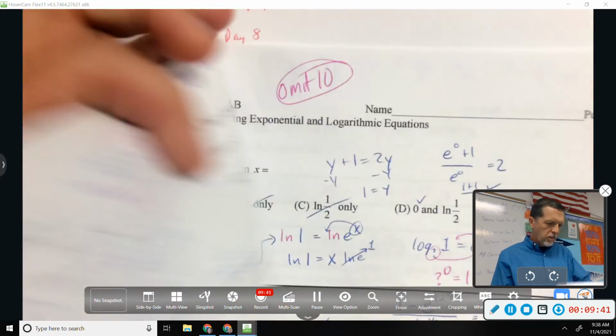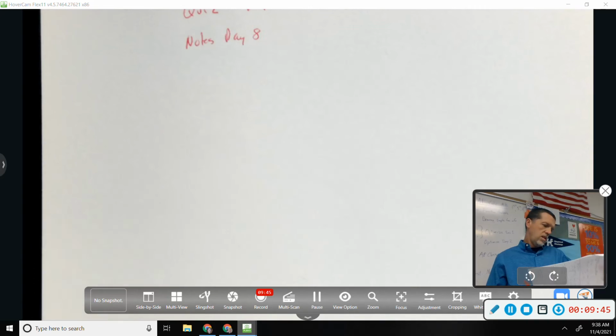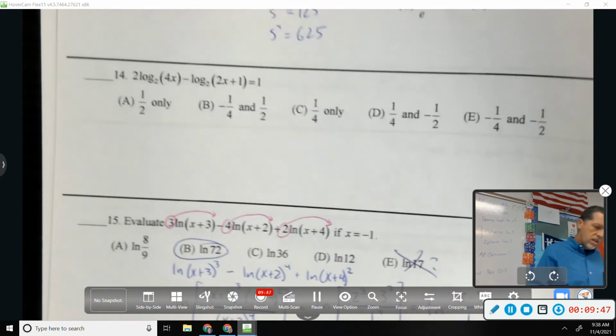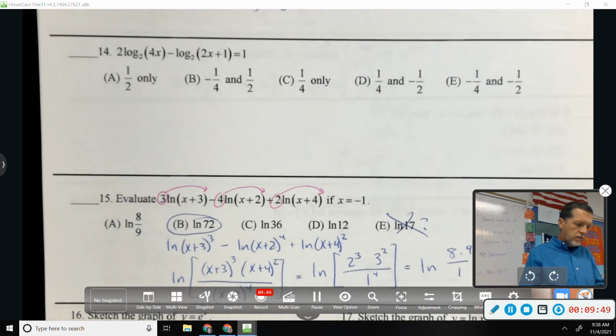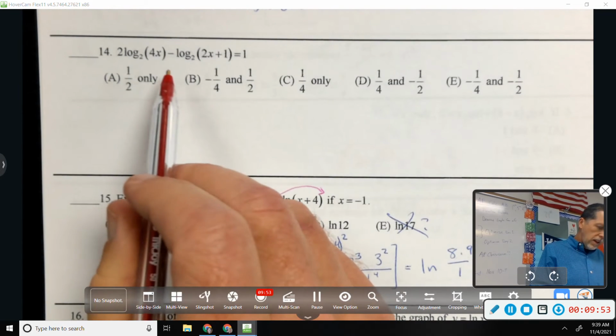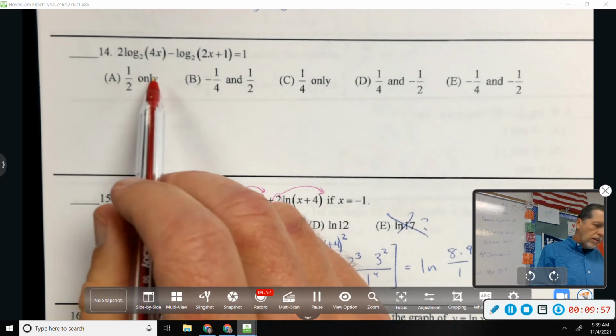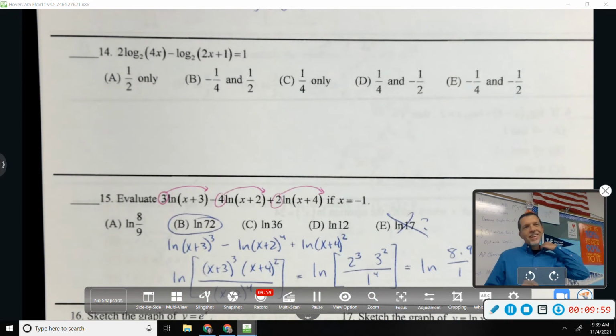14 on which worksheet? On worksheet 6. 14 on worksheet 6. Let's see. More condensing going on. Also, if I'm thinking about negatives, I'm thinking about what I said earlier.